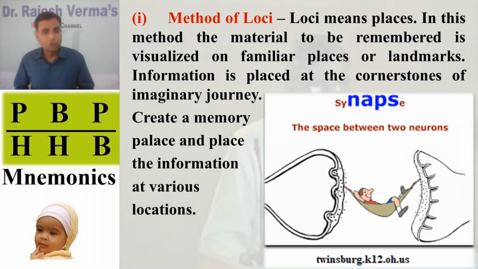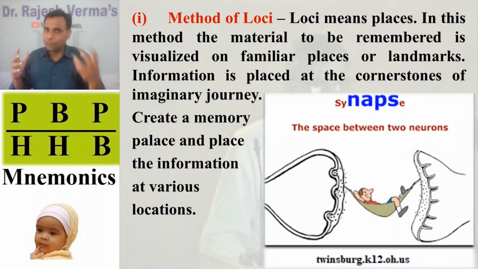You anchor this material with some familiar visual place. Suppose you say I am studying this material while sitting in the lap of nature in my fields, where the birds are chirping, sitting under a big tree.